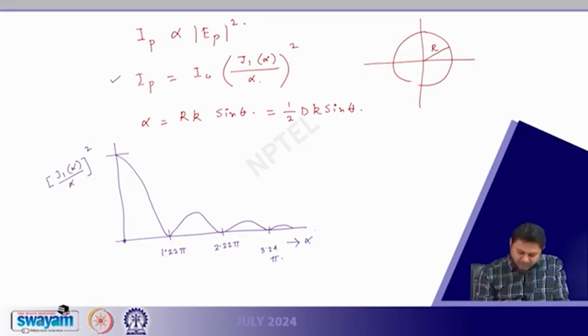These are the points where we have minima. So this is the distribution of the intensity where the principal maxima occurs when alpha tends to 0. Alpha is 0 means theta tends to 0, where we have a principal maxima.